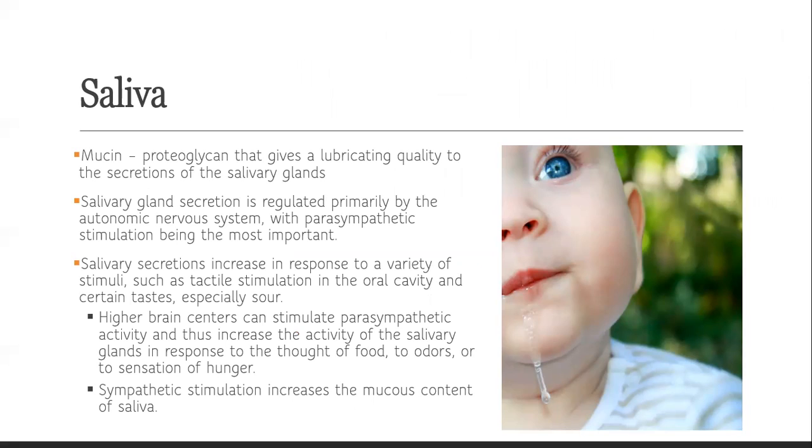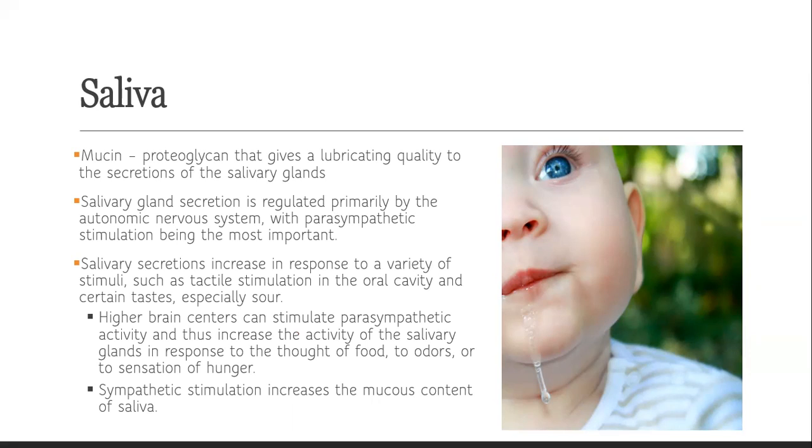Our saliva contains mucin, which is a proteoglycan that gives a lubricating quality to the secretions of our salivary glands. And our salivary gland is regulated primarily by the autonomic nervous system, with parasympathetic stimulation being the most important.